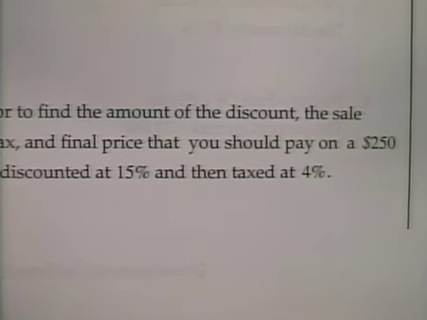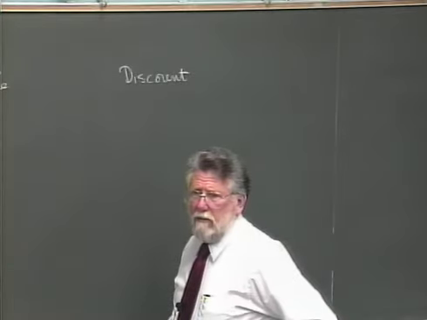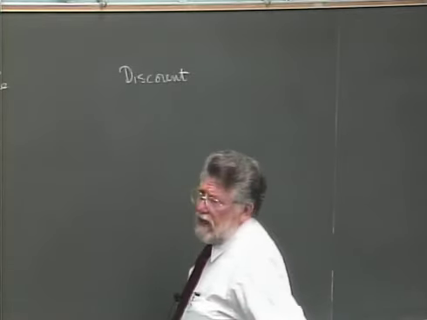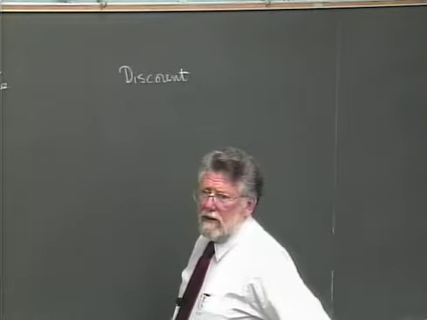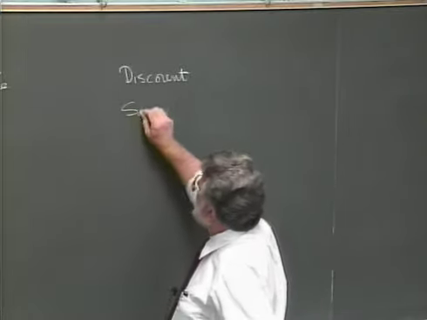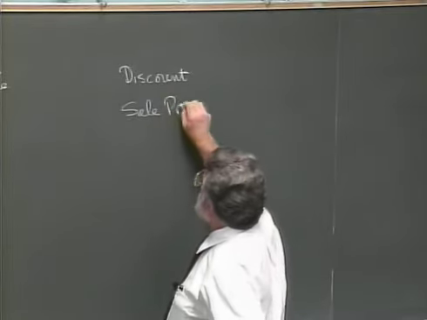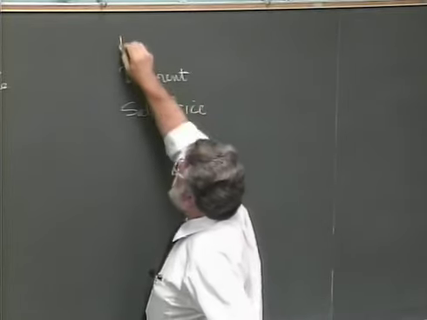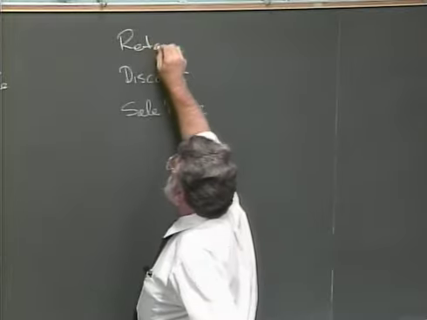And I'm going to write over here in the sideboard what it is I want you to tell me. So we have the discount I'm interested in. Then what? So we come off there. Discount and what? Not sales tax yet. How about the sale price? So we start with the retail price.